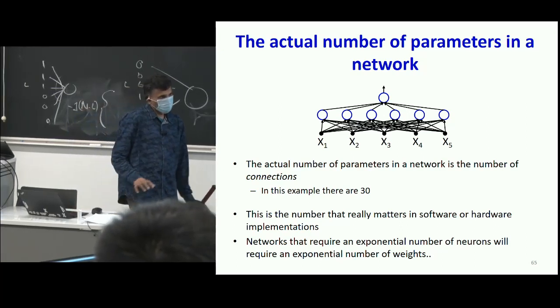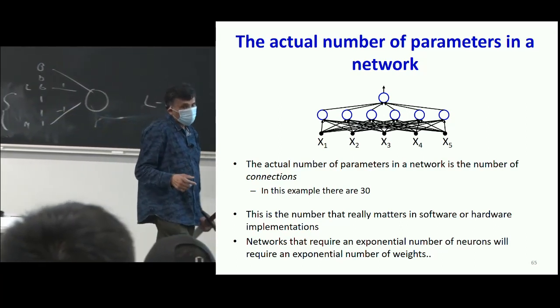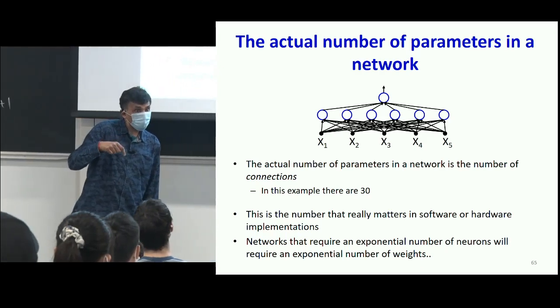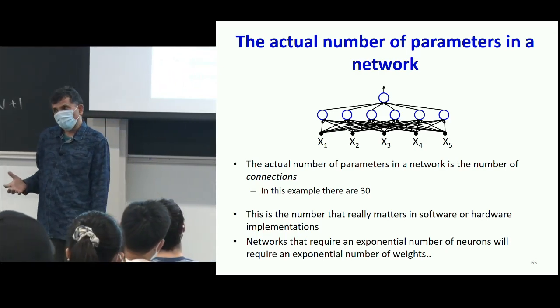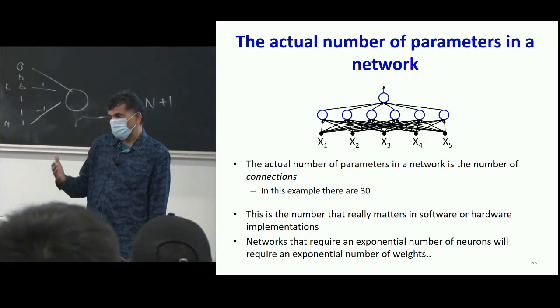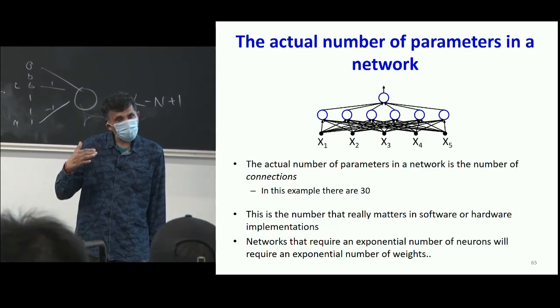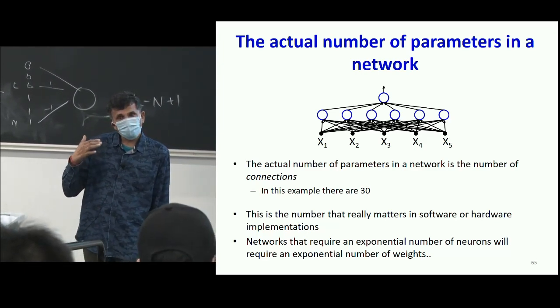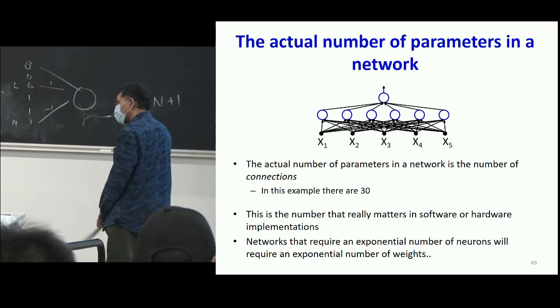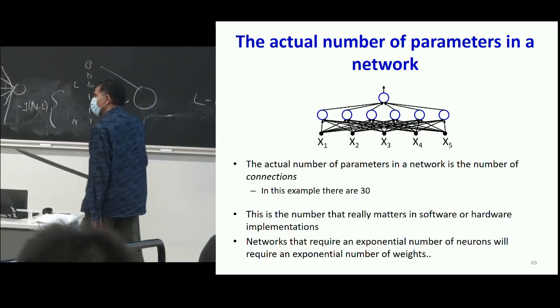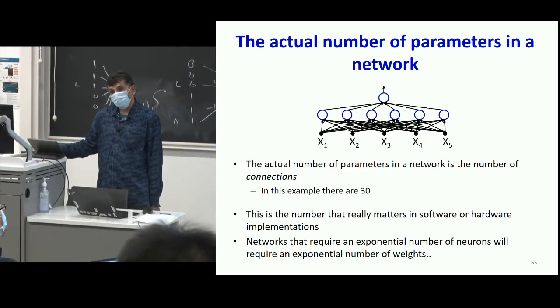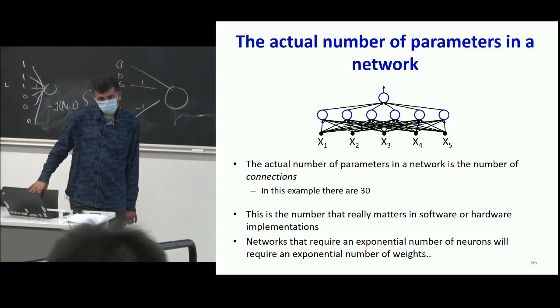Now, when we speak of the number of parameters in a network, it's not the number of neurons, it's the number of weights. But the number of weights is quadratically related to the number of neurons. So anytime you have a fixed size network, the number of parameters required to represent an arbitrary function is still going to increase exponentially with the number of inputs, right?